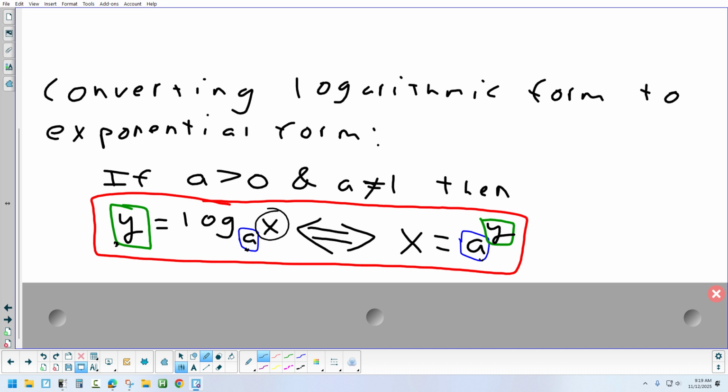And what happens if you argue with somebody all the time? You're going to end up by yourself. So I remember that. So X is the argument. You argue with someone all the time, you annoy them, you're going to end up by yourself on that side of the equation. Okay. So that's how you change between log form and exponential form. It's just a matter of taking three things and moving them to different spots.